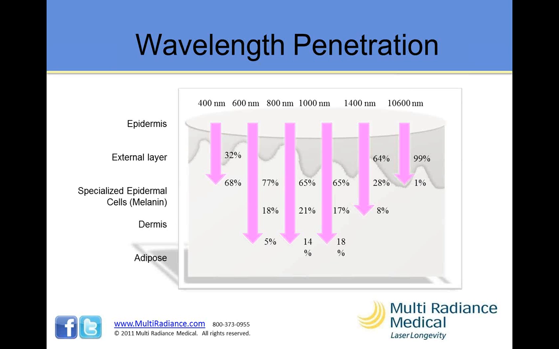You'll see that anywhere in the 600 to 1,000, again, that therapeutic window is where we get the most depth of penetration. And that penetration also varies based on the level of the tissue that we're trying to reach. So again, we're staying within the 600 to 1,000 nanometer wavelengths.